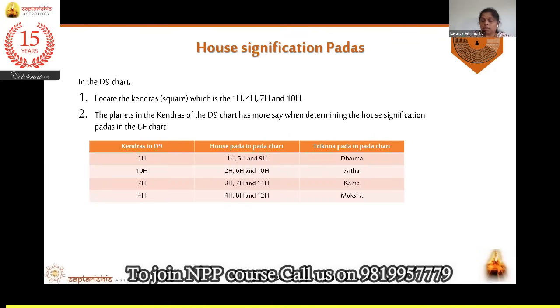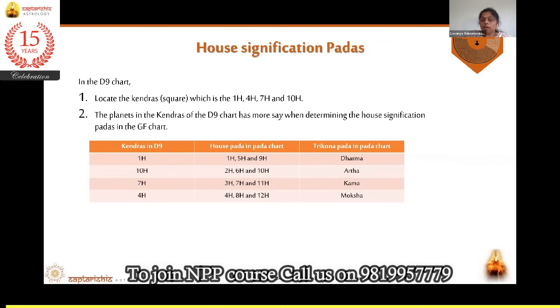So the kendras in the D9 chart constitute the first house, fifth house, and 9th house, which is the Dharma Pada in the pada chart. That means if you have planets in the first house in the D9 chart, those same planets will affect your first house, fifth house, and 9th house in the D1 chart.